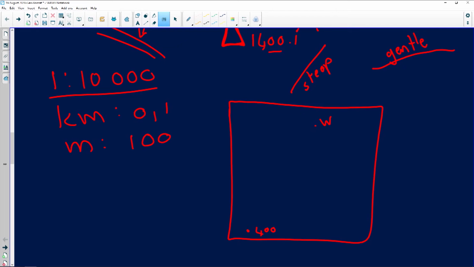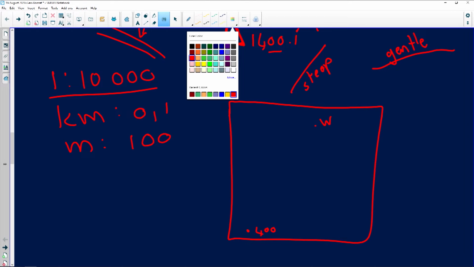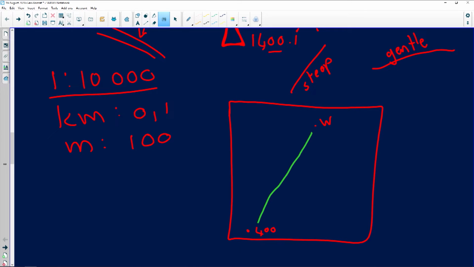So, you take a ruler and you measure the distance between spot height 400 and the shop. And let's assume you got 34 centimeters.